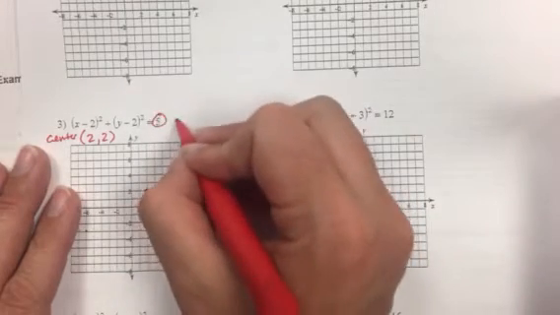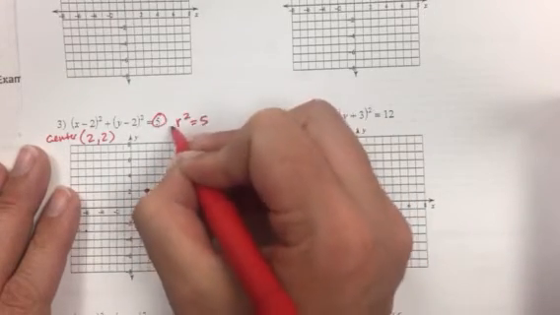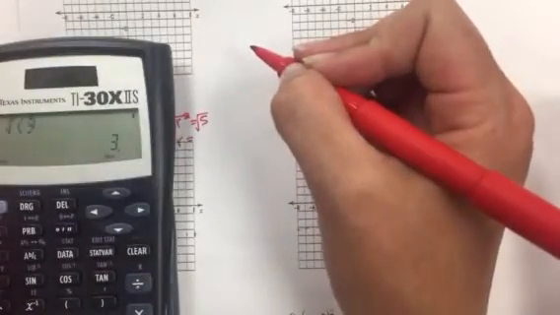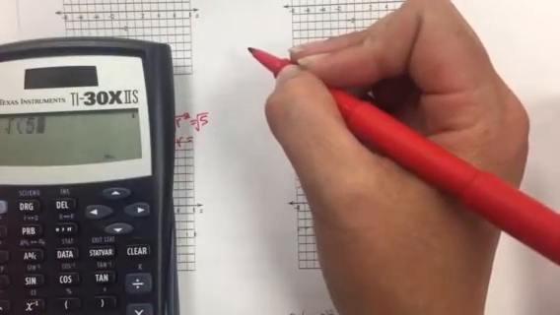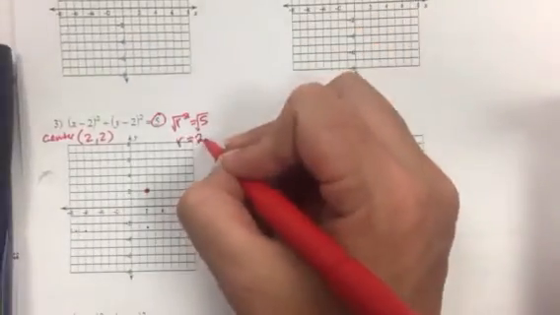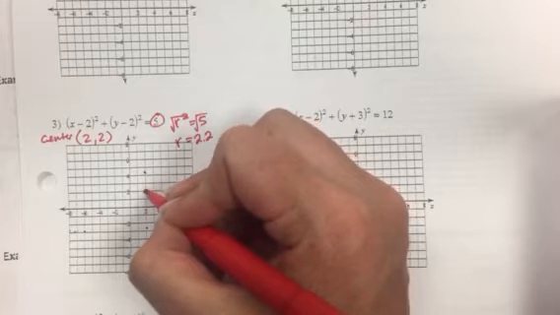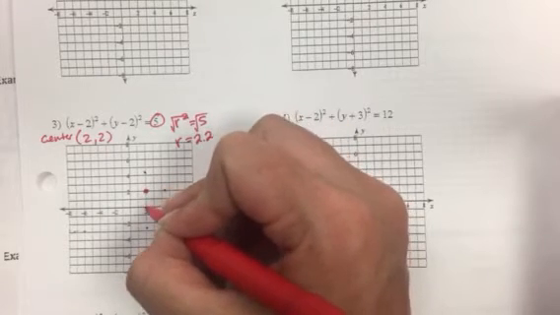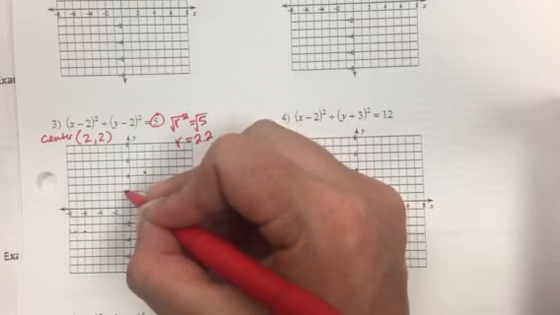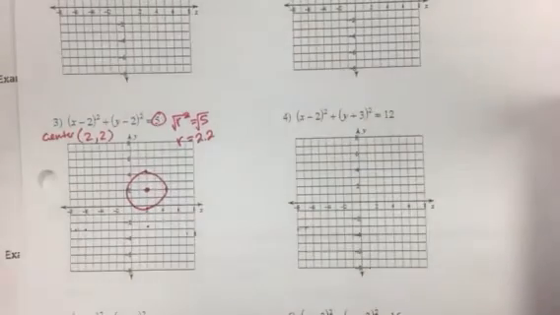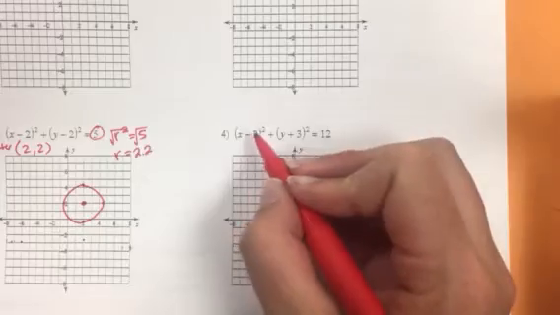And then this would equal r squared. Square root it. Square root of 5 is like 2.2. That means I go up 2 and a teeny bit more, over 2 and a little bit more, down 2 and a little more, left 2 and a little more. And draw my circle.